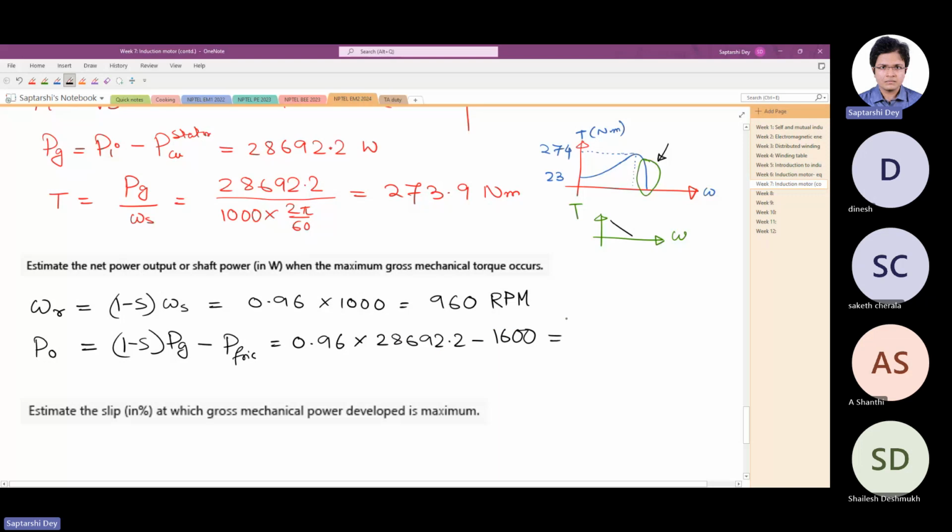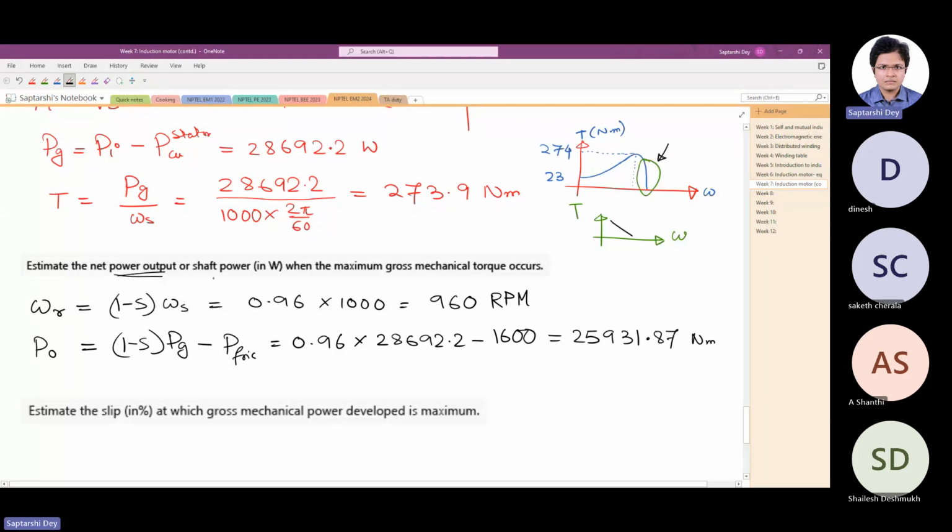So this will give 25931.87. Oh, power output is asked.